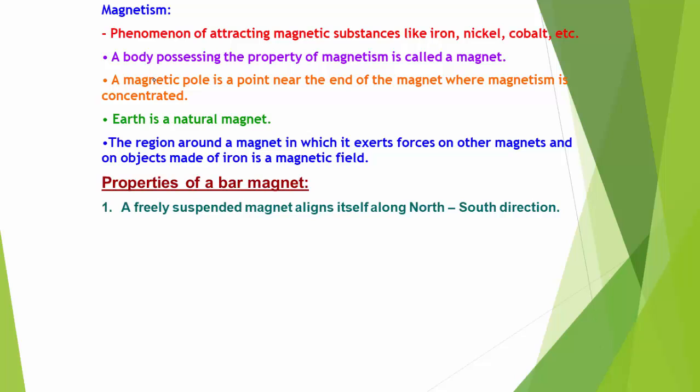Any bar magnet or any lodestone, artificial magnet or natural magnet, also called a man-made magnet, when freely suspended always aligns itself along the geographically north and south direction, and it is a basic property.